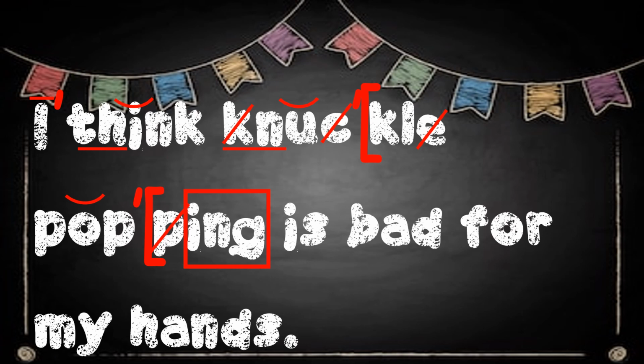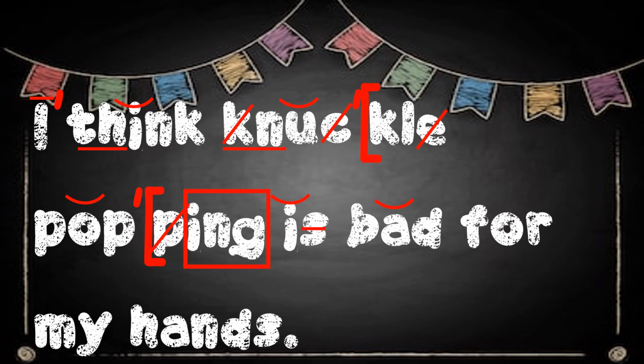Let's look at the word is. I have a vowel followed by a consonant, so it's going to make its short sound. Is. Oh, that S is making a voiced sound, so let's cross it out. Bad. I have a vowel followed by a consonant, so let's put a breve on top so we remember that it makes a short sound.